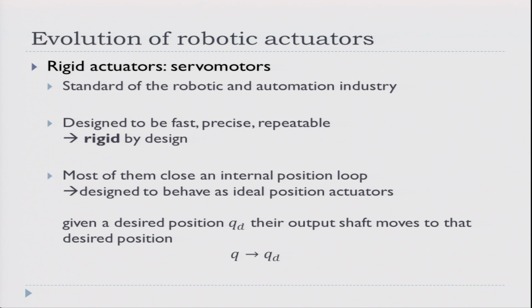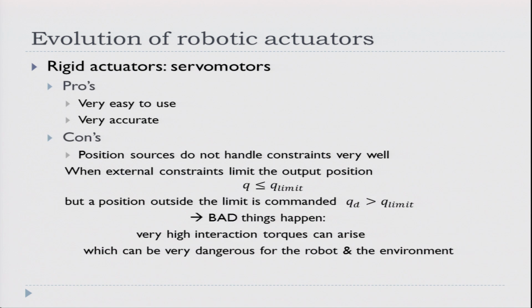As I was saying, they close an internal position loop so that you command a desired position, and the actuator follows this desired position almost transparently. They are very easy to use and very accurate, because they behave essentially as position sources. To some extent, you can just assume that the position you command is the position that you get out.